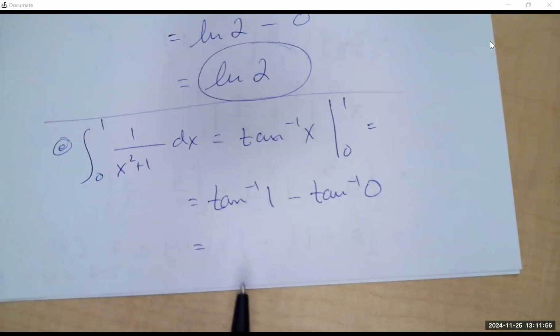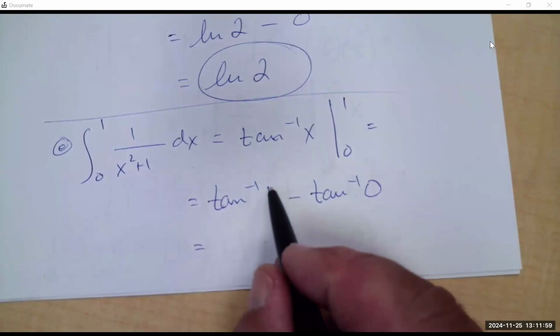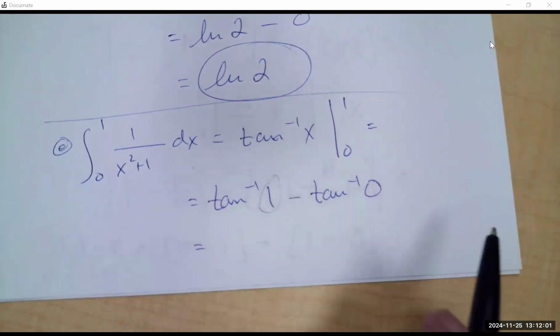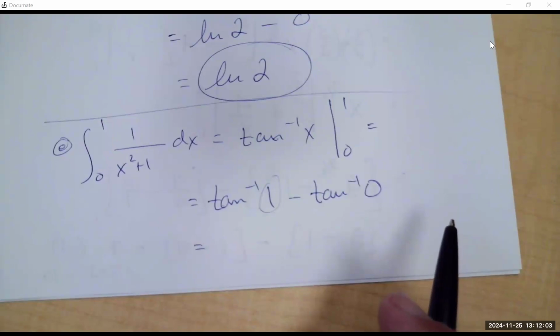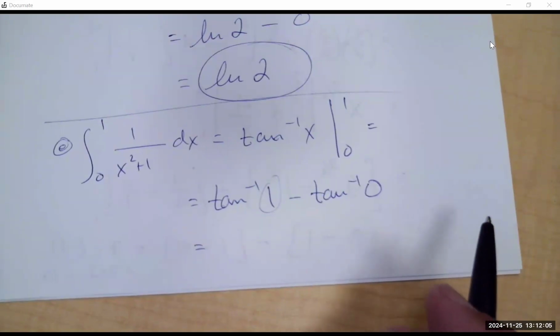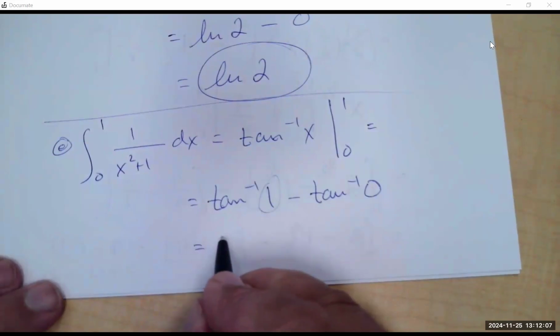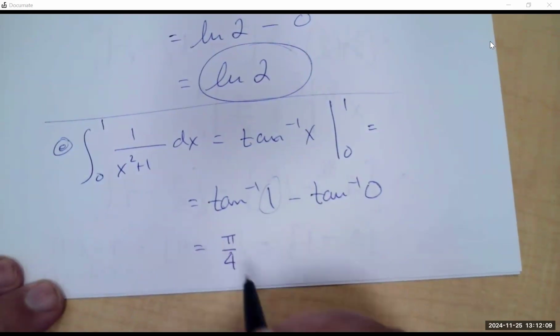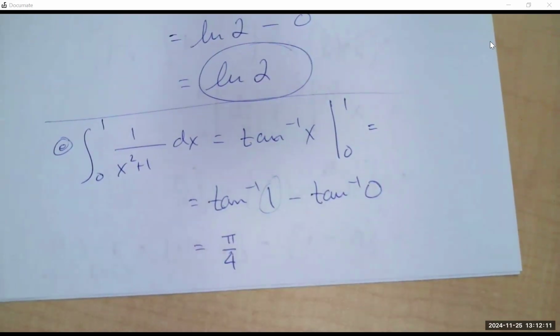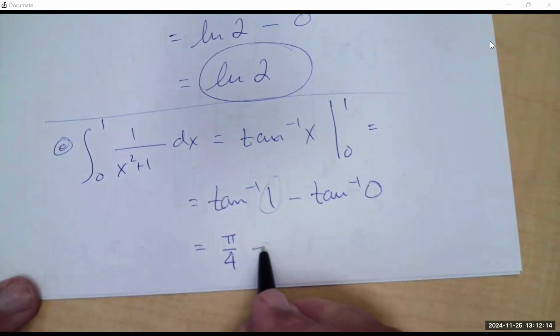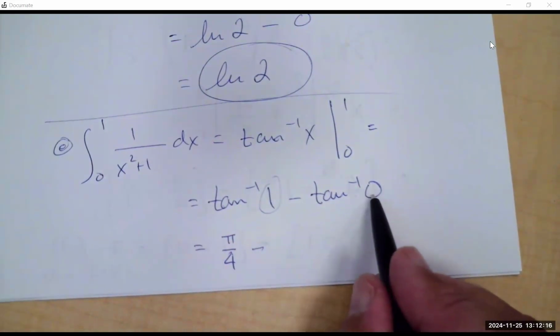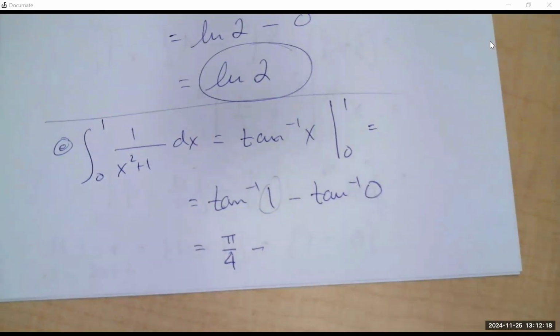Inverse tangent. What angle makes tangent equal to 1? So where do sine and cosine have the same values? Pi over 4, at 45 degrees. What angle makes tangent equal to 0?